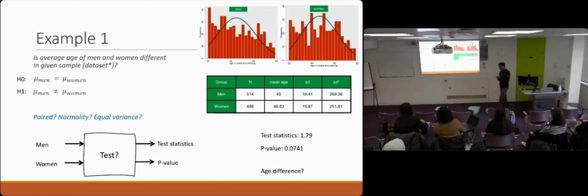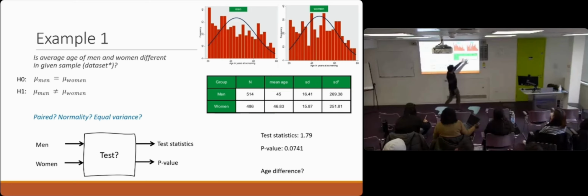For testing whether you should perform a parametric test for two groups, you have to check whether they are normally distributed and whether they have equal variance or not. This is a distribution of age of, I think, men and women. Do they look normal? Roughly they look like normal, right?